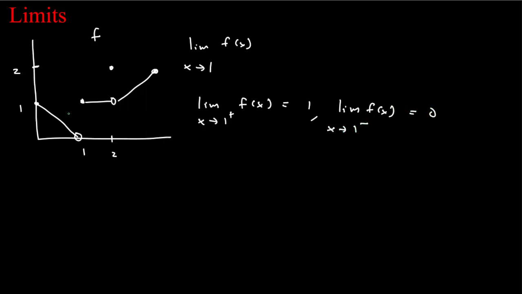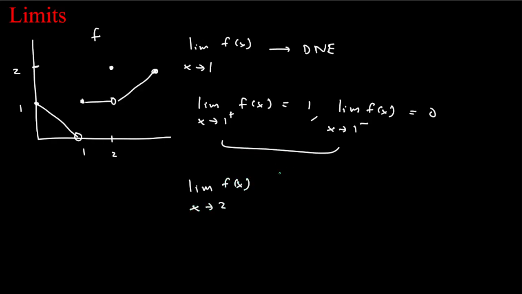Because this function approaches 0, even though it's not defined at 1. And clearly these two are not equal, right? So, what did we say last time? When the two one-sided limits are not equal, the limit does not exist. What about the limit of f of x as x tends to 2?